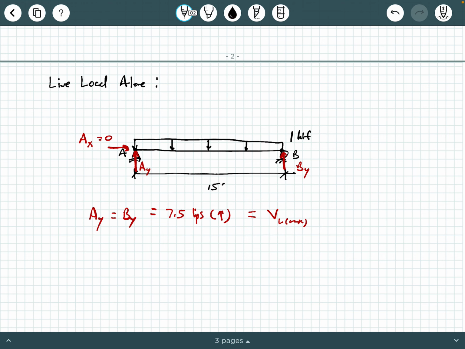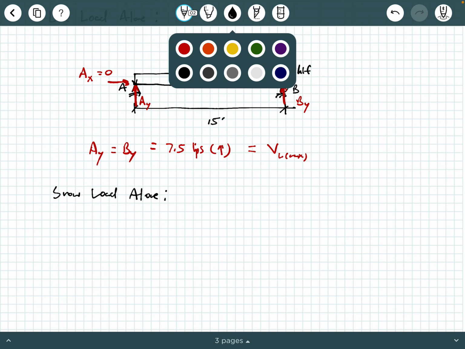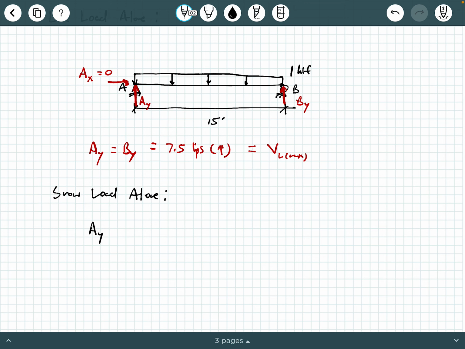And then in a similar way, we're going to have snow load alone. The geometry of the snow load is going to be very similar to the geometry of the live load, except instead of 1 KLF, you're going to have the 0.4 KLF acting over the 15-foot span. So for the snow load alone, I'm just going to get right to it. A_y, let's color coordinate. How about that?